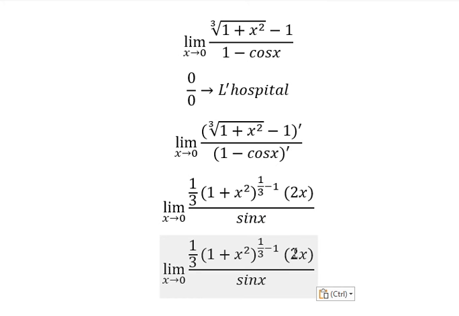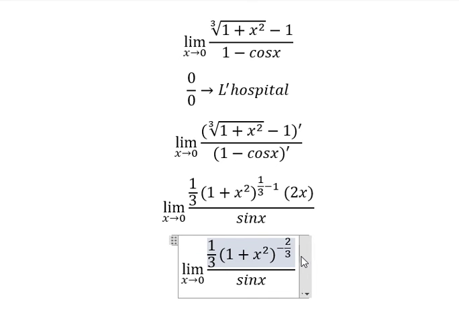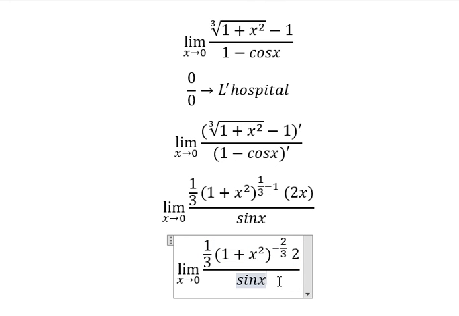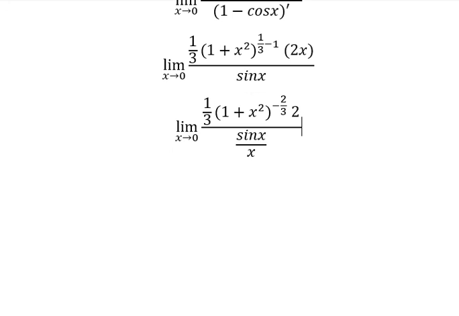Next, this one is negative 2 over 3, and x I will put into the denominator. We will have sine x over x. Next, we have the formula in here.